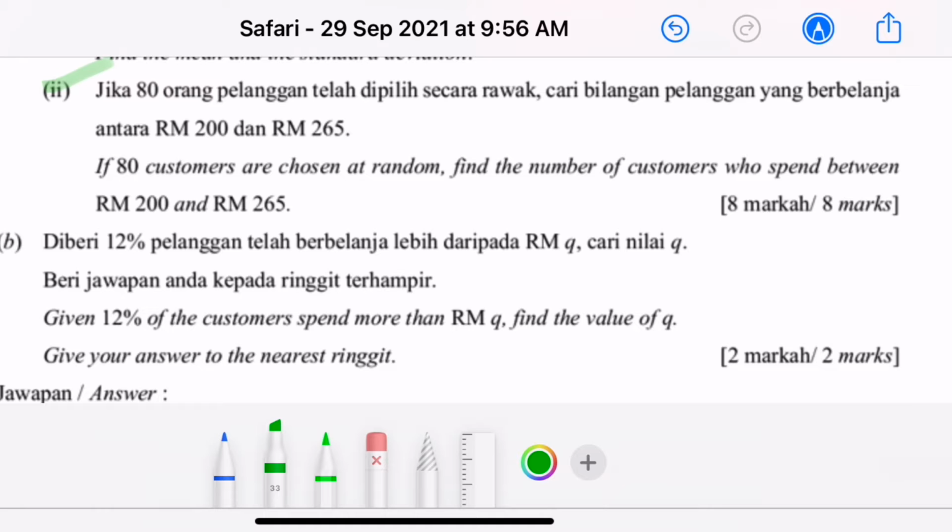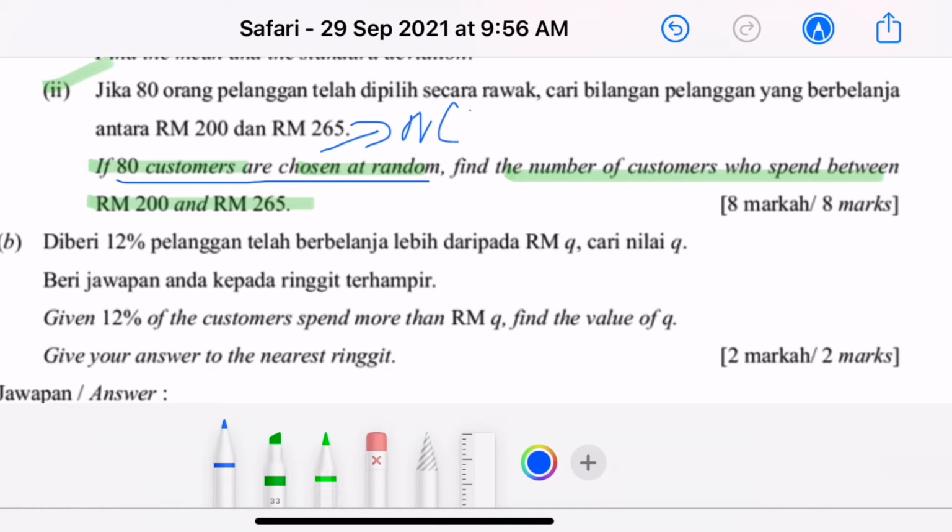Question number 2. If 80 customers are chosen at random, find the number of customers who spend between 200 and 265. For this one, we need to know that the 80 customers are chosen at random. This is the number of customers that are chosen.